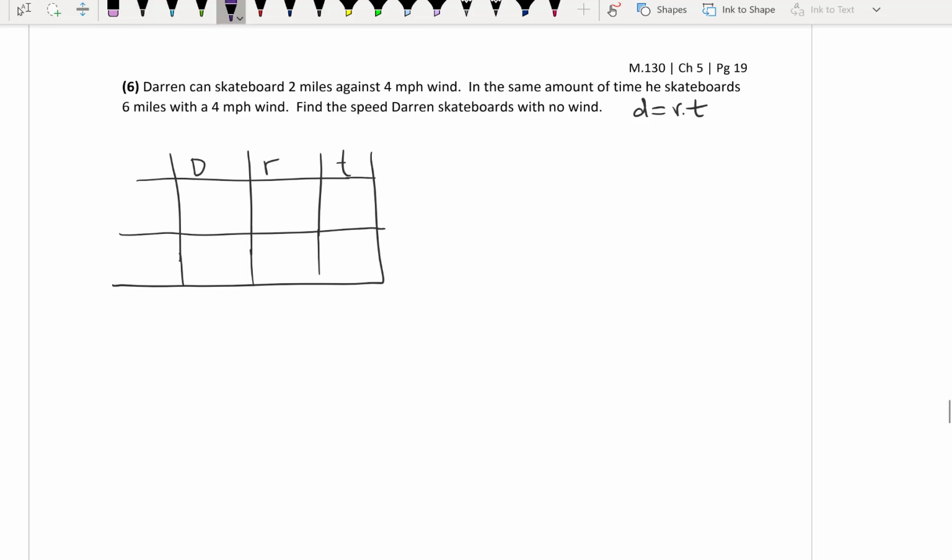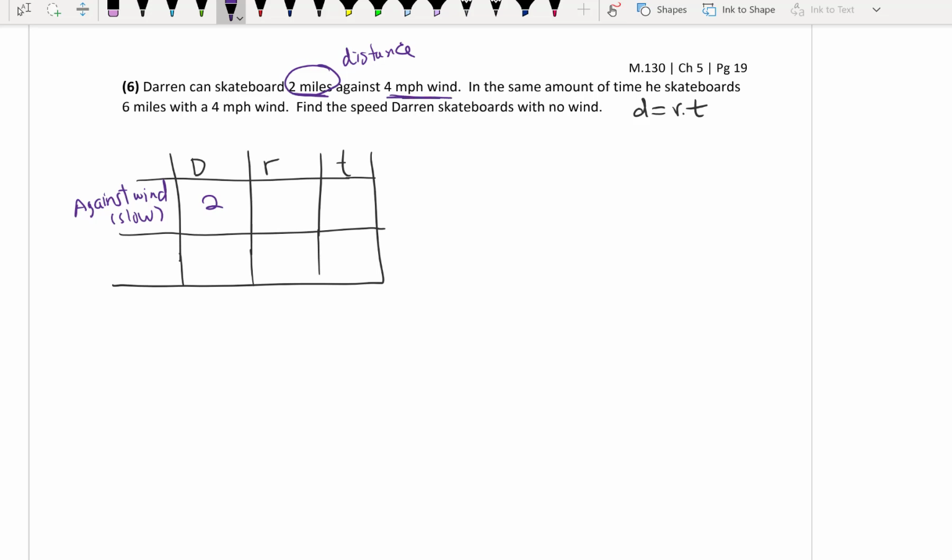So here inside my boxes, I know that he can go against the wind, which means he's going to be going slow if you're going against it. So he says that he can go 2 miles against the wind. So 2 miles is going to be a distance. So I'm going to have 2 here. And it says that the wind is 4 miles per hour.